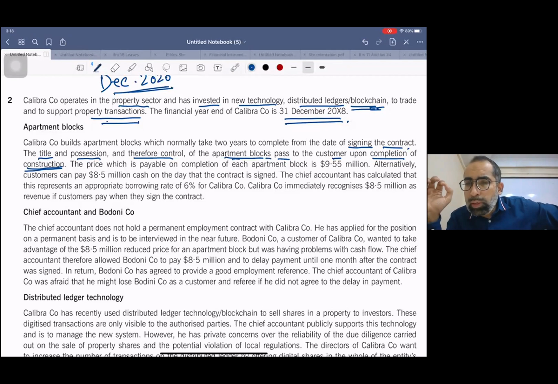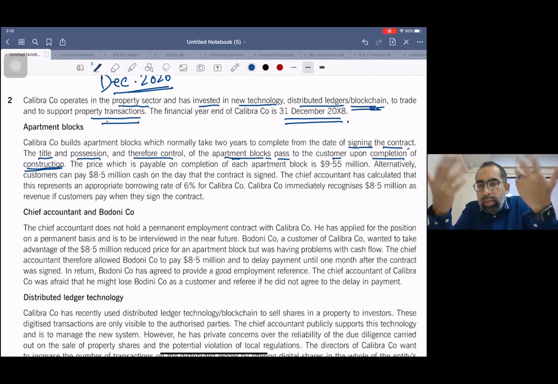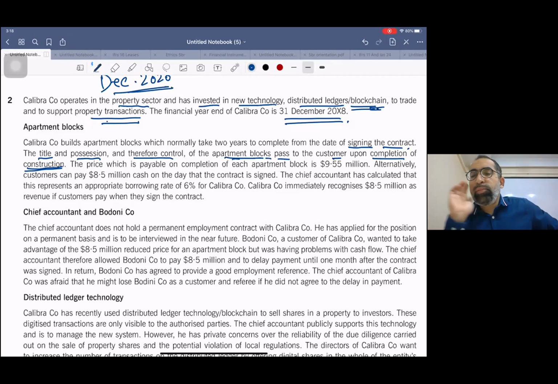So we have signed the agreement with the customer that we will construct the apartment, complete it, finish it, and then give you the delivery and the possession. So the customer will get the economic benefit after 2 years. That means from our side, the performance obligation will be satisfied after 2 years.